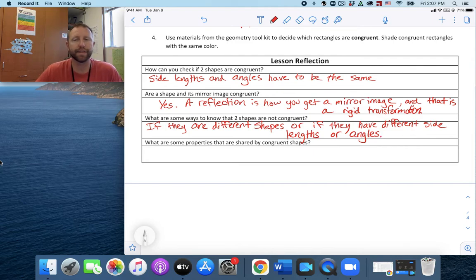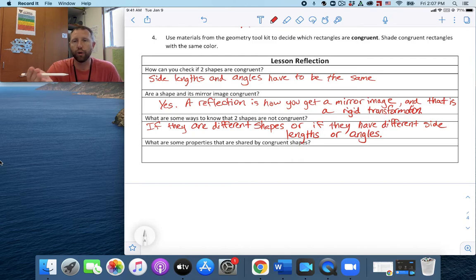All right, and then the last question, what are some properties that are shared by congruent shapes? And that's just what we've been saying over and over again. They have to look the same. So in other words, they have to have the same number of sides and the same type of sides, right? The side lengths have to be the same, and the angles have to be the same.